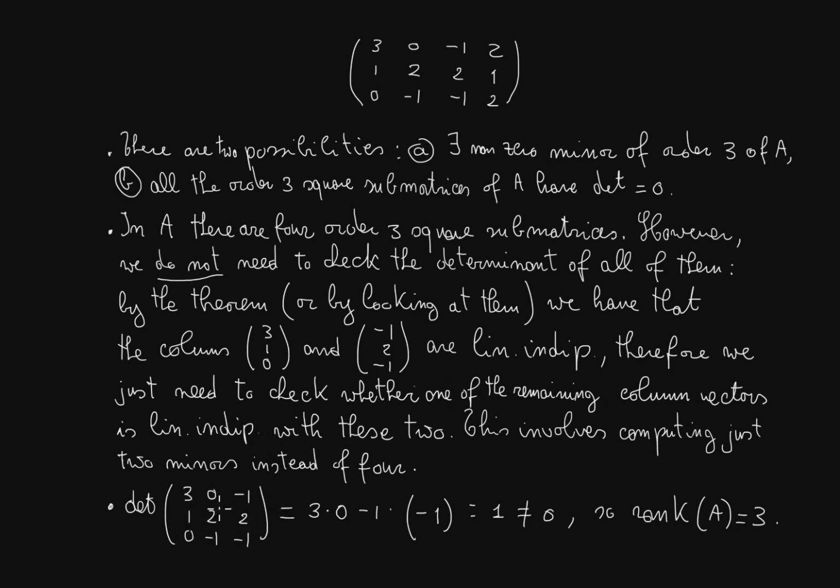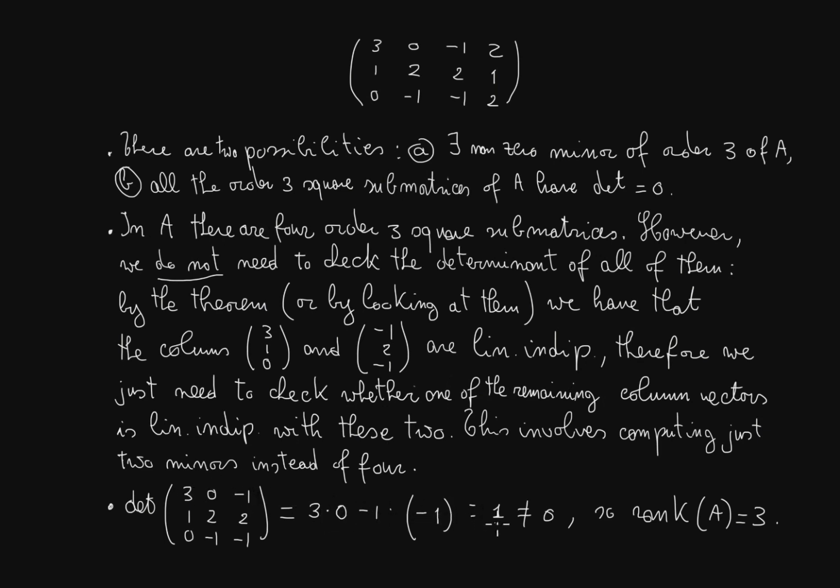This will be decided by the computation of the determinant of this submatrix. If it is non-zero, then all the columns will be linearly independent, and if it is 0, then they will be linearly dependent, which means that the second column will be a linear combination of the first and the third.